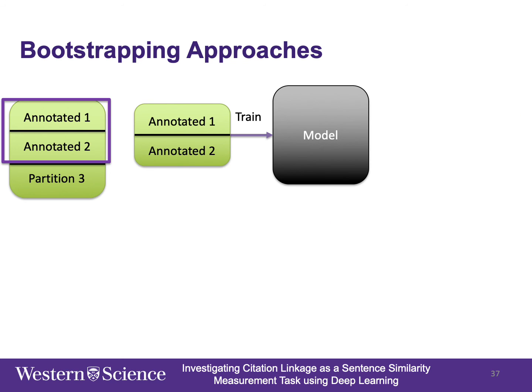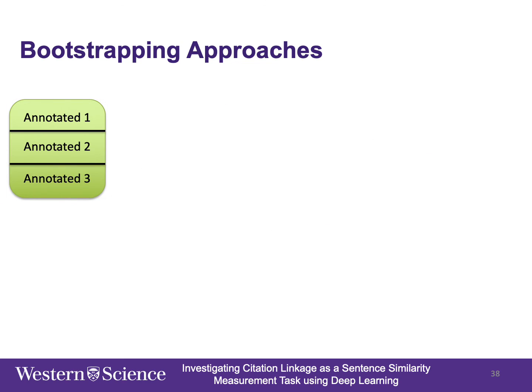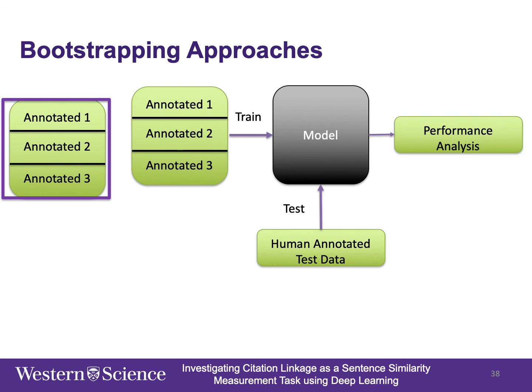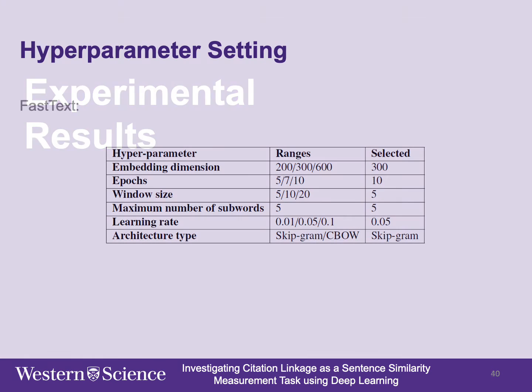Finally, the annotated portions of partitions 1 and 2 are used to train the model again and annotate partition 3. Finally, all this annotated data is again used to train the model, and it is tested against the human annotated data. So now I will talk about the hyperparameter settings and the results.